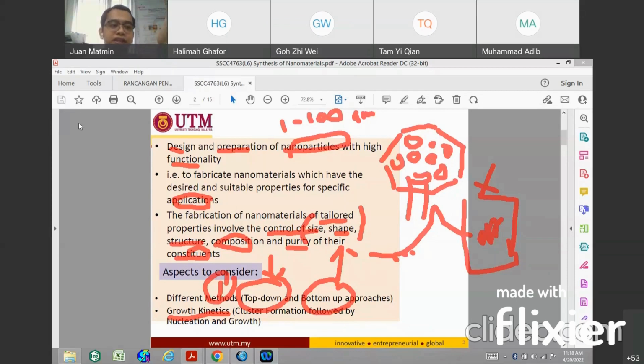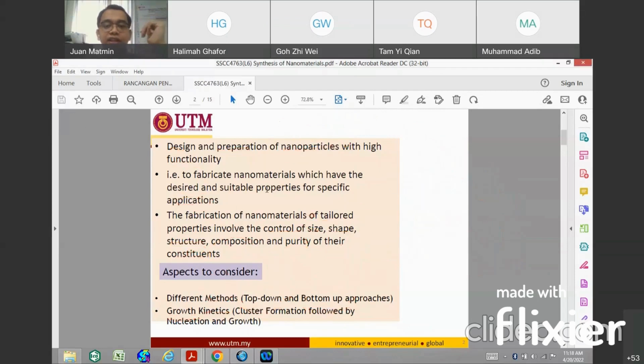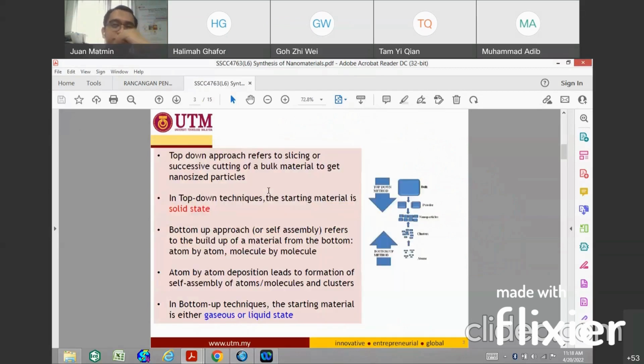Okay, so kita kena avoid any agglomeration that going to disturb or in the end dia bagi impurities dekat sampel tu. Okay, this is in terms of how we look at the approach, ya.